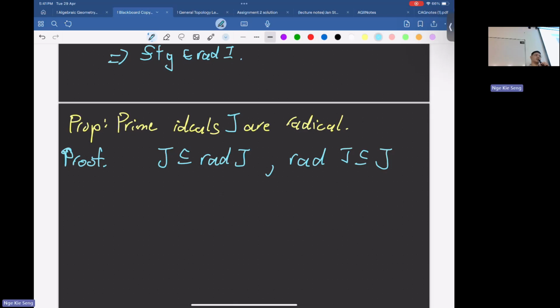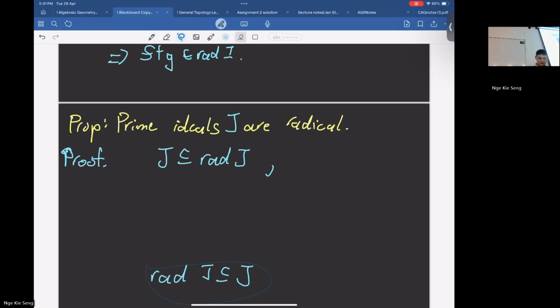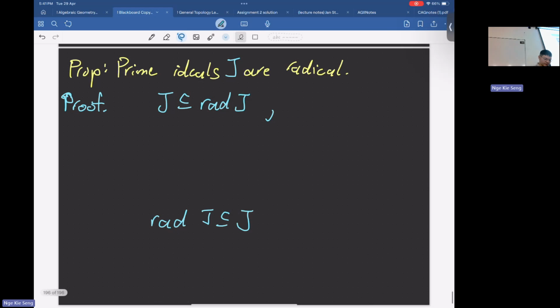So J in rad J means what? We haven't defined the radical of a function, right? So, okay, should we do this together? At most 5 minutes.